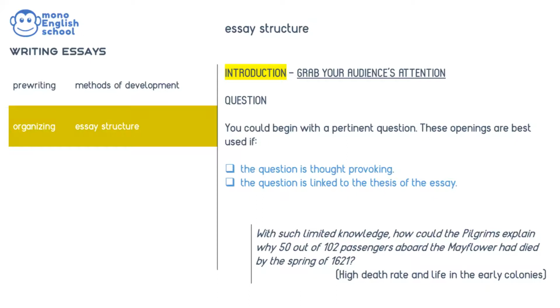This example is taken from an essay on high death rate in the early North American colonial period. With such limited knowledge, how could the Pilgrims explain why 50 out of 102 passengers aboard the Mayflower had died by the spring of 1621?